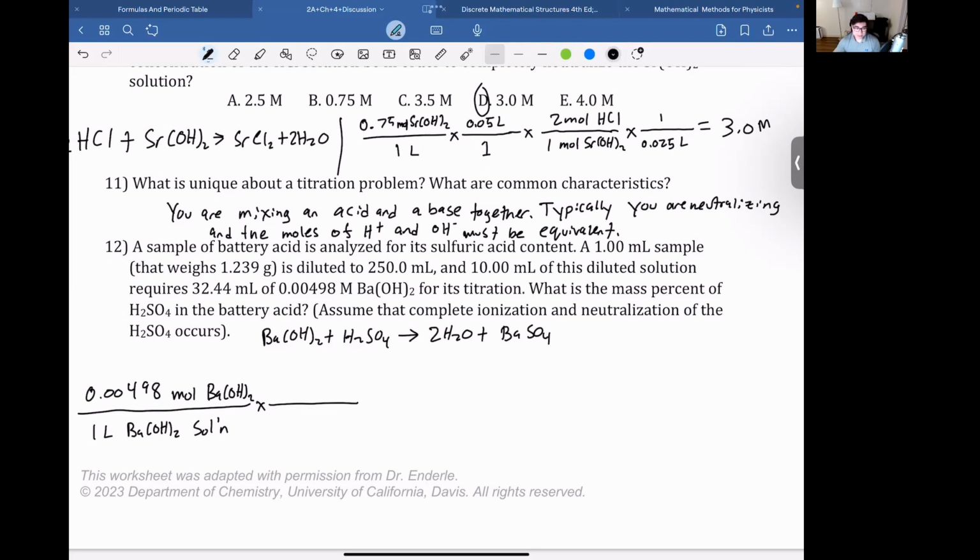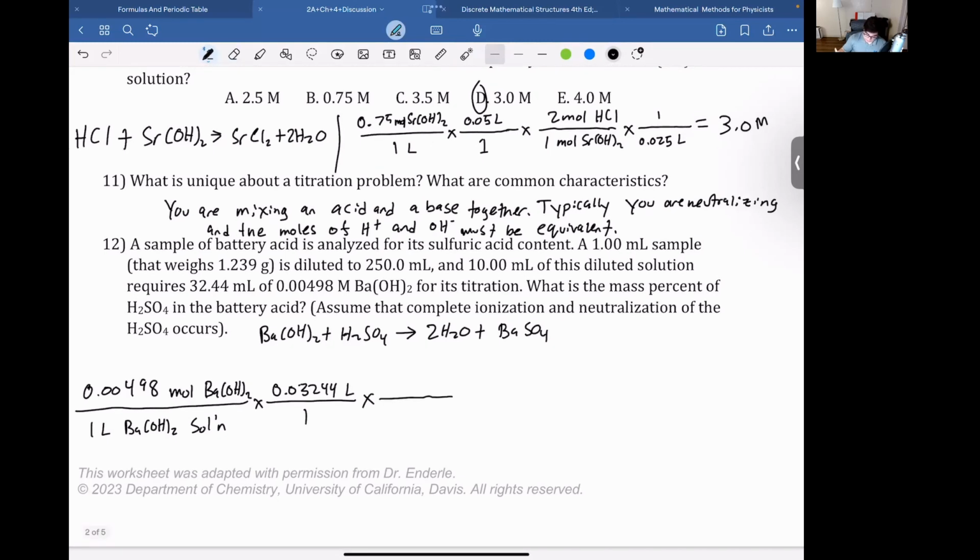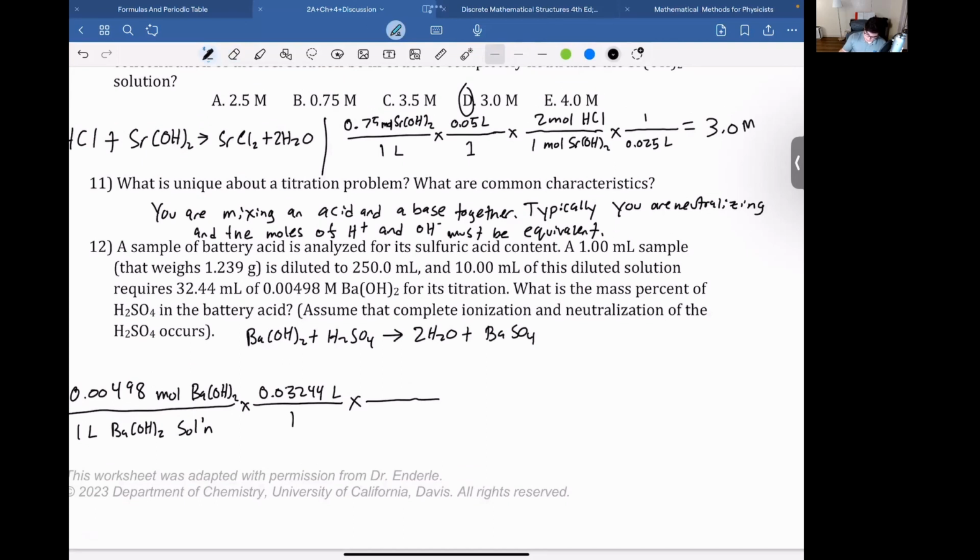So I need to figure out how many moles of barium hydroxide I used to neutralize this, right? If you look at our equation, every 1 mole of barium hydroxide neutralizes 1 mole of sulfuric acid. So how many liters of solution did we use? We use 0.03244 liters. I'm not going to do the conversion on here. And then times, so now we have liters of Ba(OH)2 solution.